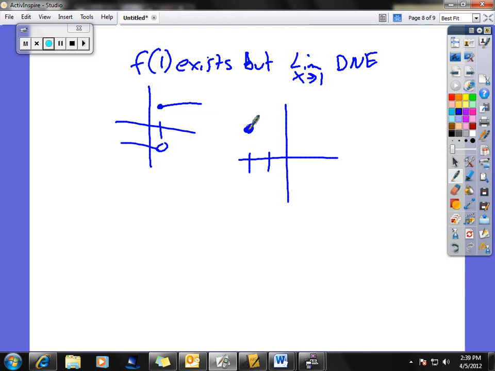But the limit as you approach from the right also equals that, so you have to come up to that point from the right. It doesn't matter how you draw it up to that. And then it says the limit as x approaches negative 2 does not exist. So the limit from the right exists, but the overall limit doesn't exist. Again, you can fix that with a jump.